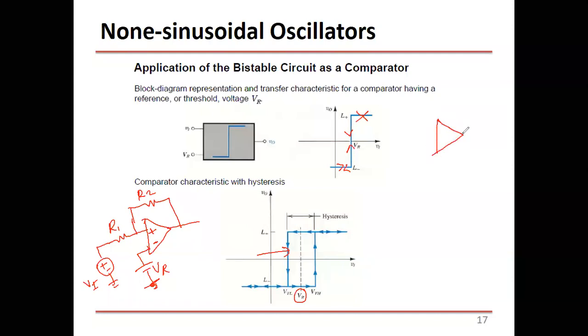Exactly. So this is V out, no feedback at all. You make it a pure comparator. Sorry, this should be the negative and this should be the positive. And instead of connecting this to the ground, you connect it to V reference, and the input here.